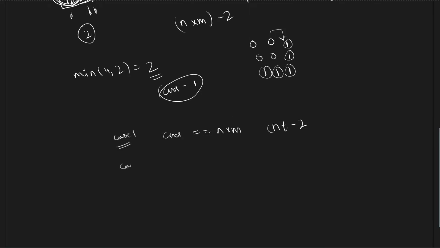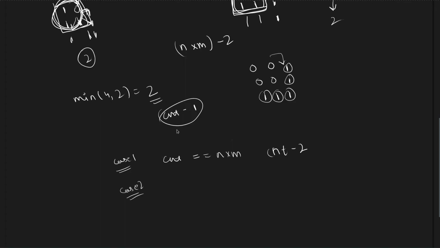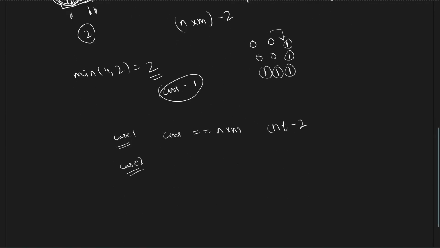The second case would be when there is a 0 present, but for every 0 we check in these 4 directions and there is no other 0 present. So that means we cannot form two zeros together. Right? So in this case, we'll have to sacrifice one of those ones. So the final answer would be count minus 1.